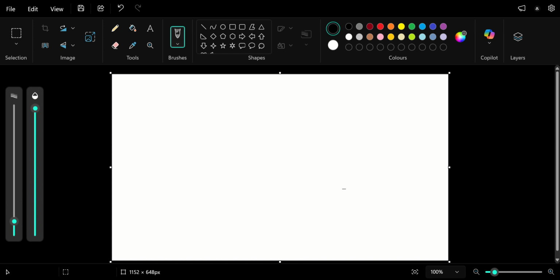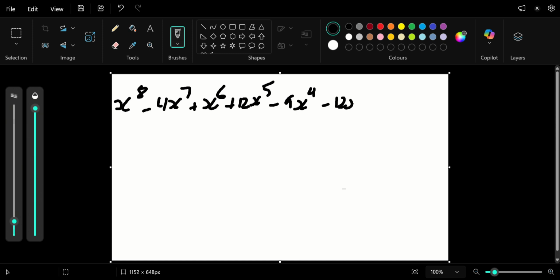Now for our next problem, we have a longer polynomial: x to the 8, minus 4x to the 7, plus x to the 6, plus 12x to the 5, minus 9x to the 4, minus 12x cubed, plus 11x squared, plus 4x, minus 4.